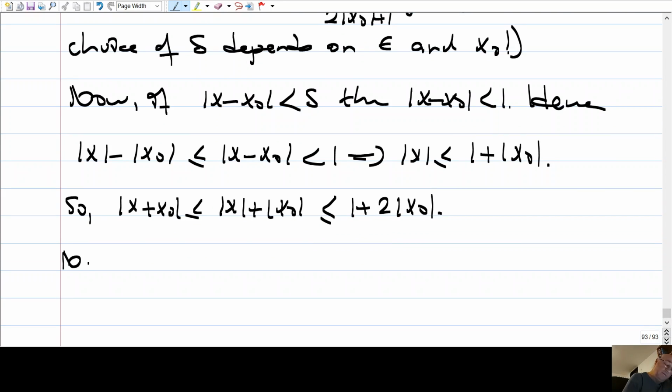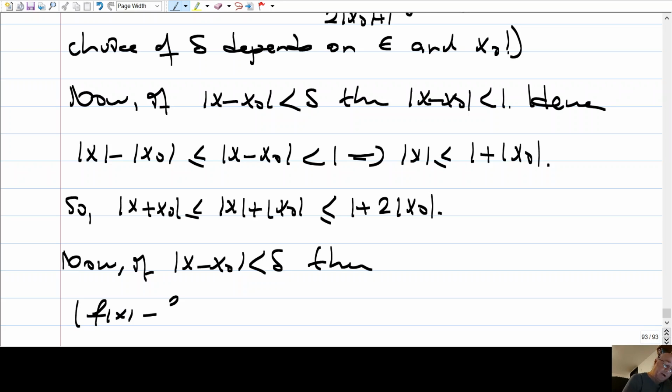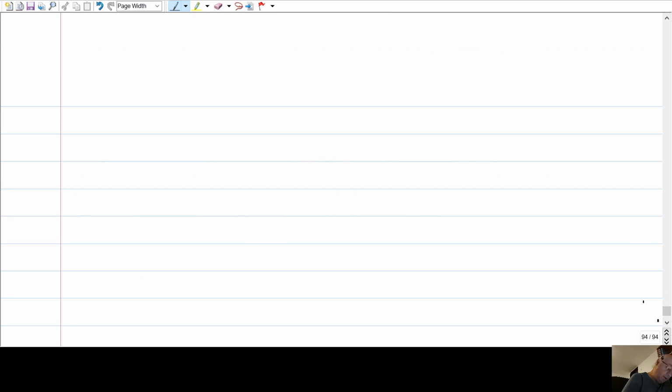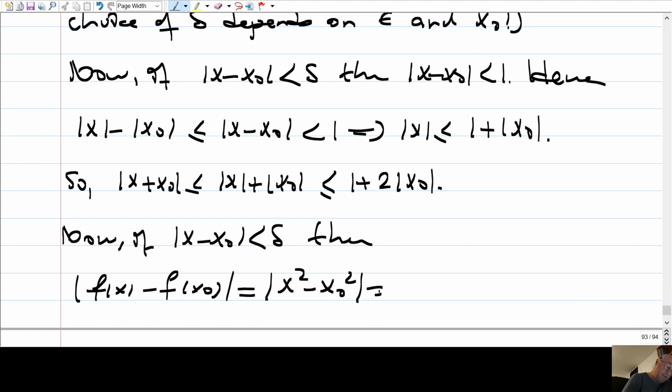Now, if again |x minus x0| is less than delta, then |f(x) minus f(x0)|, which is |x squared minus x0 squared|, is just |x minus x0| times |x plus x0|.